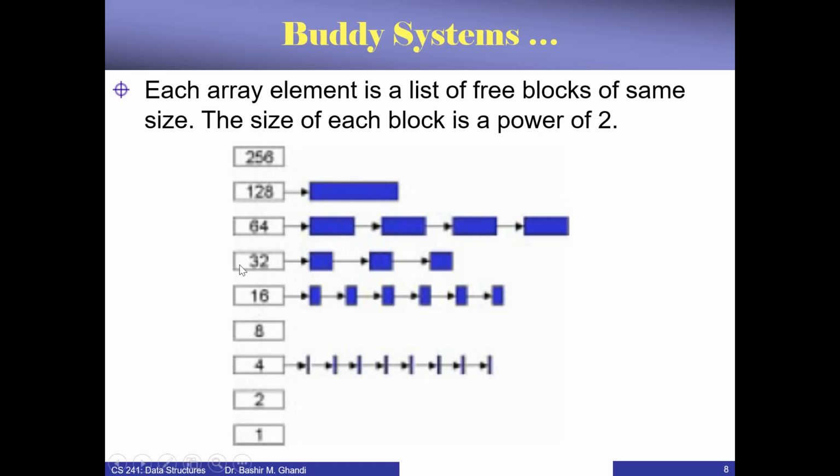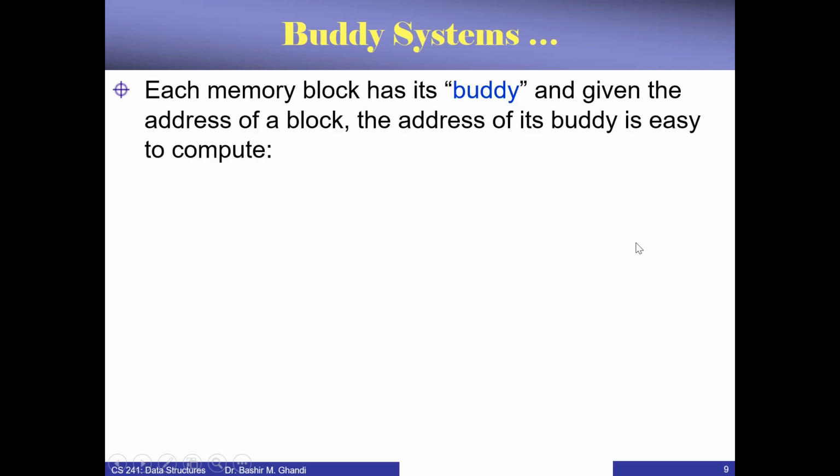But each cell in the array will contain a linked list of memory blocks of a particular size, where that size must be a power of 2. We're going to take an example to show how the memory manager will allocate memory using this system.